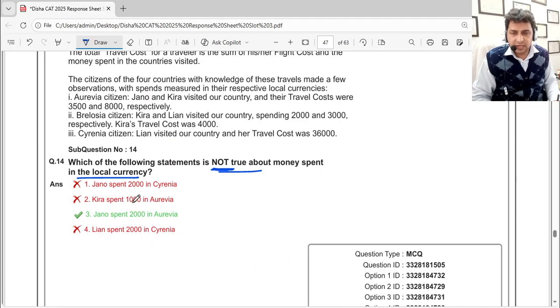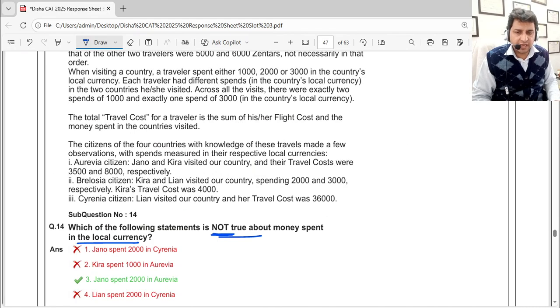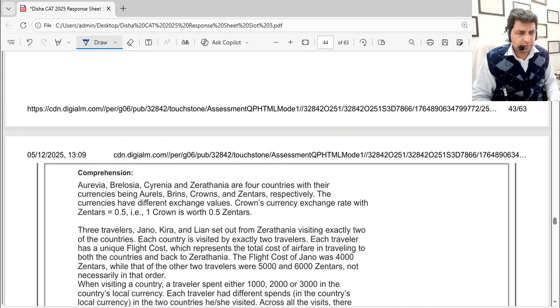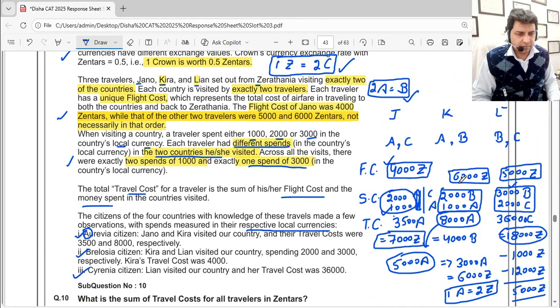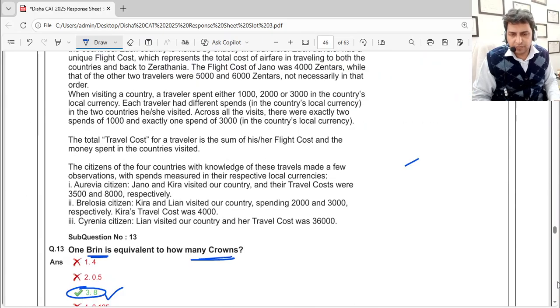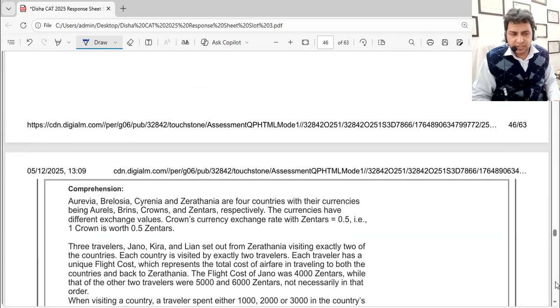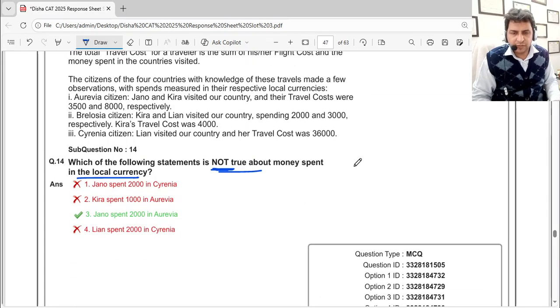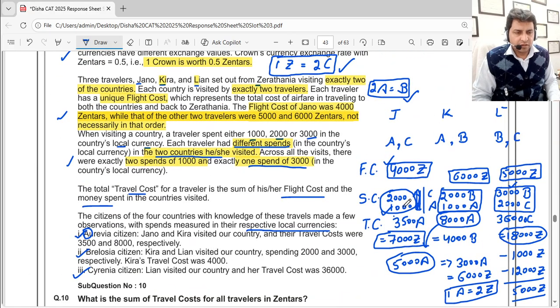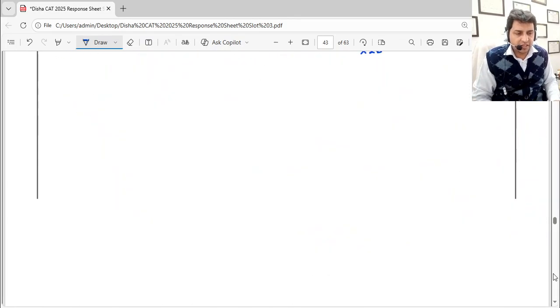The next is Kira spent 1000 in A and 2000 in B. That is also correct. Then the third one says Jano spent 2000 in A, but it is 2000 in C currency, not in A currency. So that is not true. So that is my answer.